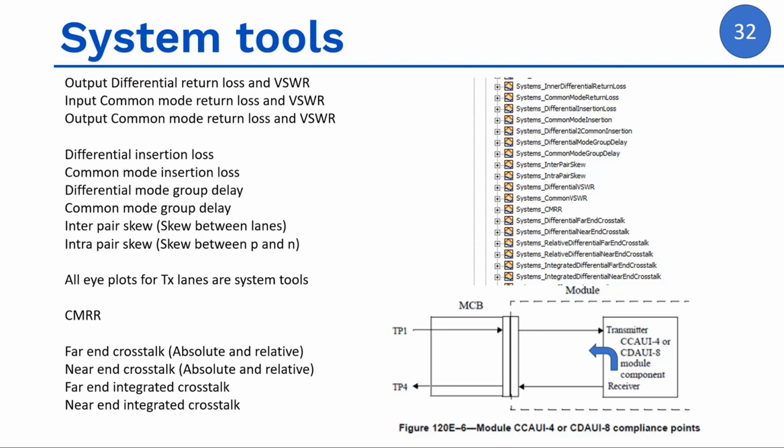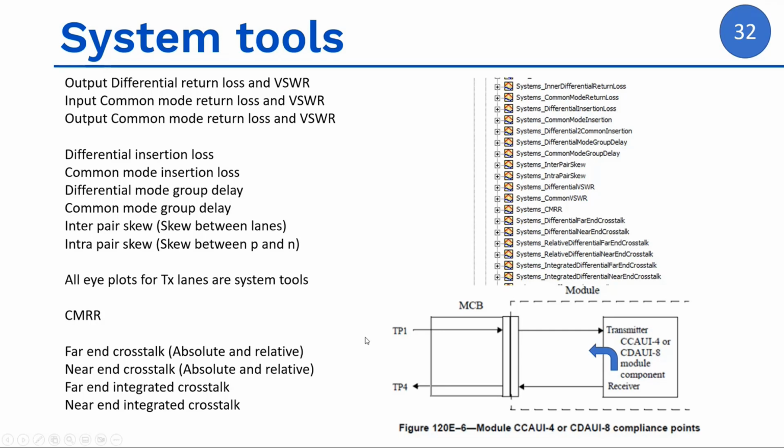Integrated crosstalk is almost like the average, because they will ask you to integrate the crosstalk across the whole band and divide it over the frequency, and that will tell them how much will be the worst possible crosstalk from one channel to another channel.